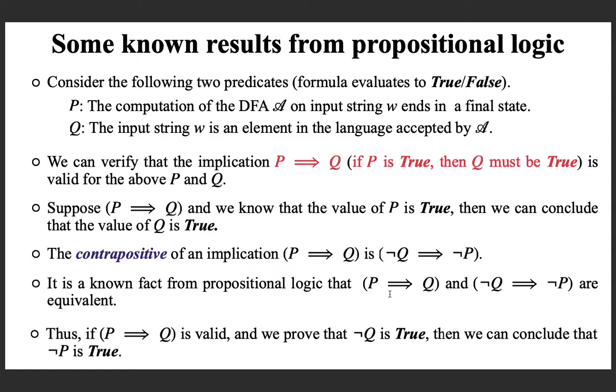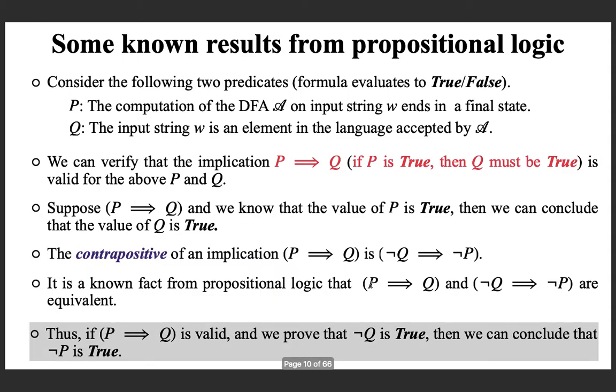If you know that the implication P implies Q is valid and the negation of Q is true, then you can conclude that the negation of P must be true. This is an important point which we will be using to derive an application for the pumping lemma that we discussed in the previous class.